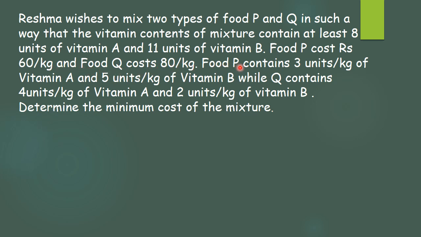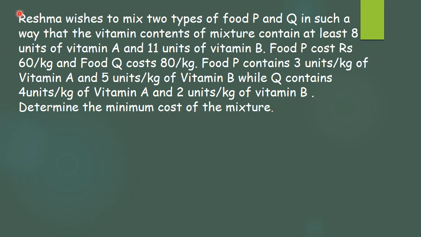Food P contains 3 units per kg of vitamin A and 5 units per kg of vitamin B, while Q contains 4 units per kg of vitamin A and 2 units per kg of vitamin B. Determine the minimum cost of the mixture.